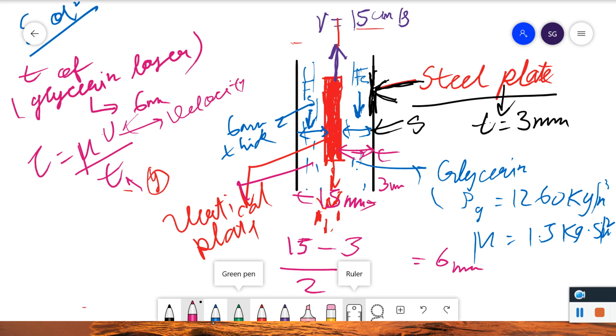One more thing: the shear force Fs is equal to tau into area.